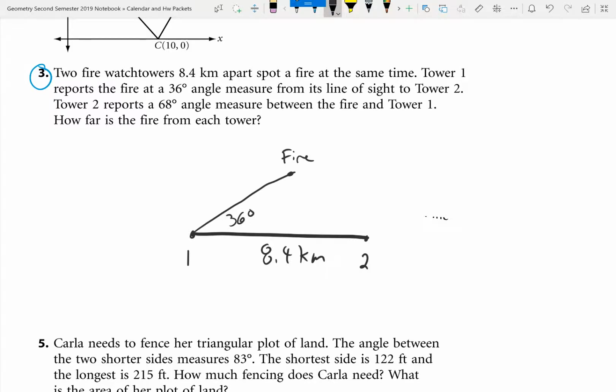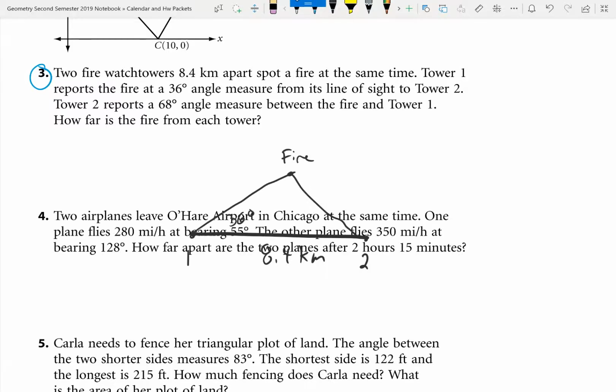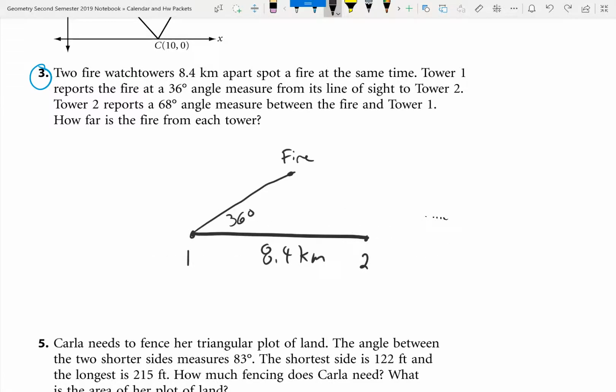And this one sees it at 68 degrees. All right, so tower 1 reports the fire at 36 degrees, tower 2 at 68 degrees. How far is the fire from each tower?